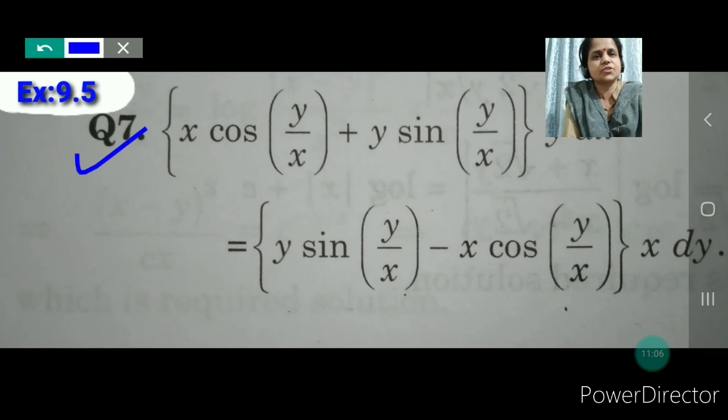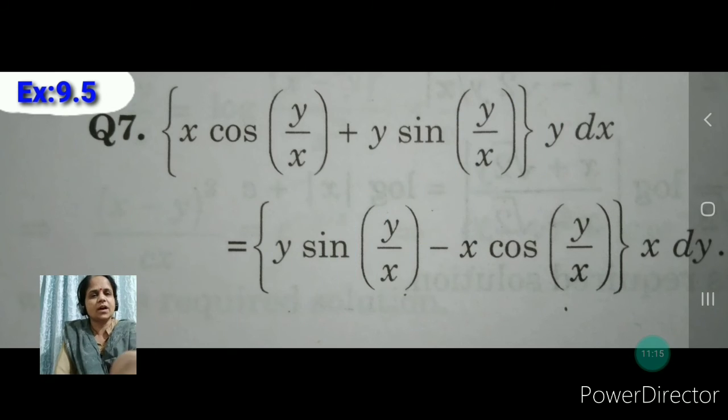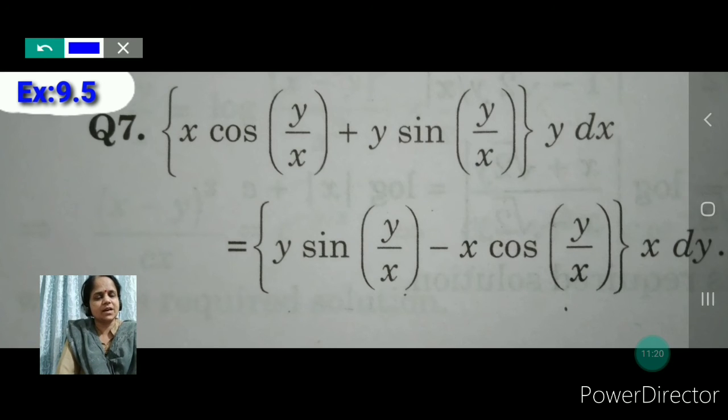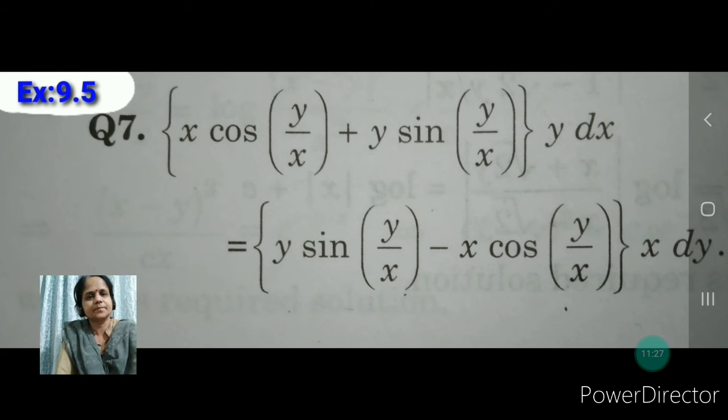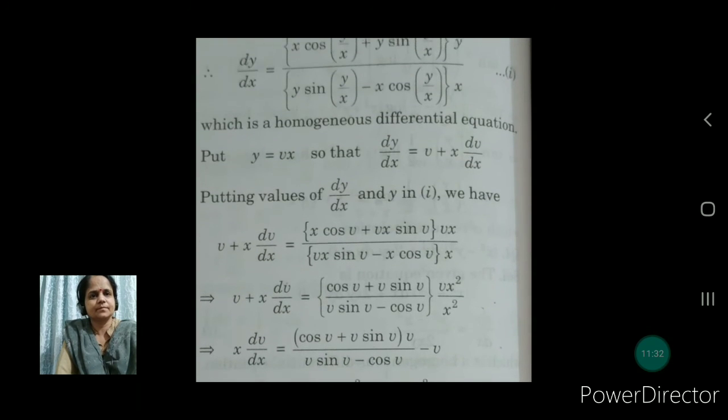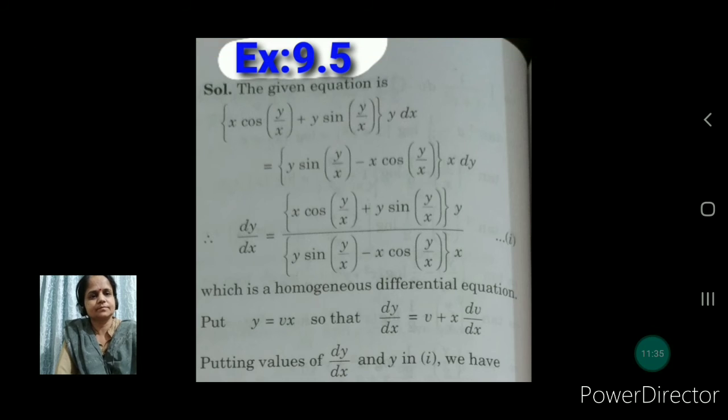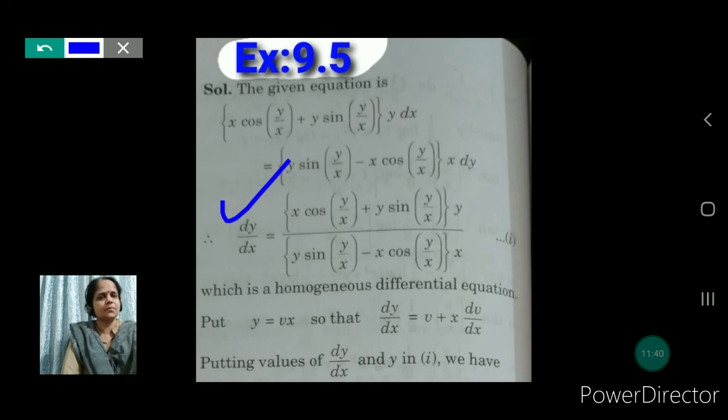Now let's solve question number 7. It is x cos y upon x plus y sin y upon x into y dx is equal to y sin y upon x minus x cos y upon x into x dy. To solve this question, first of all find dy upon dx.